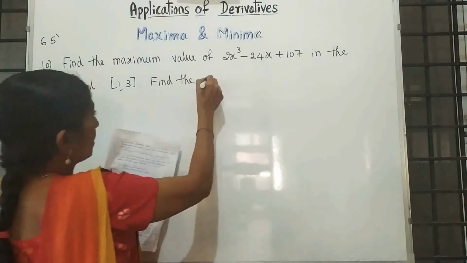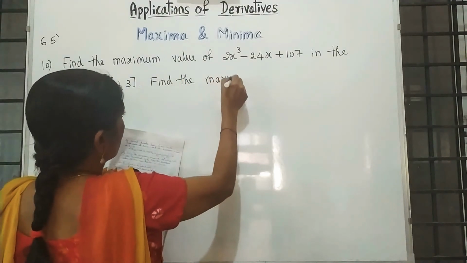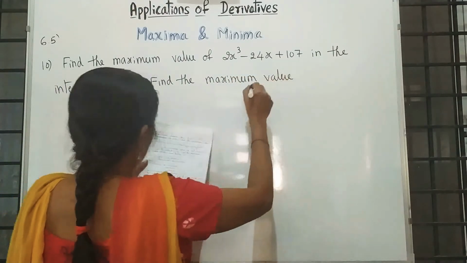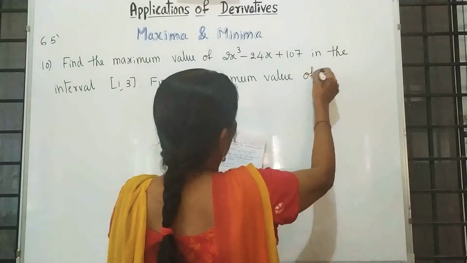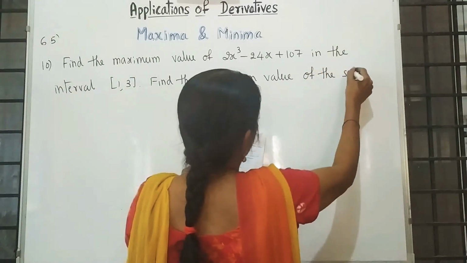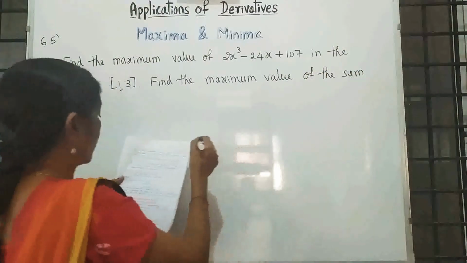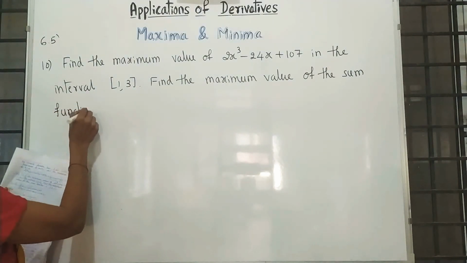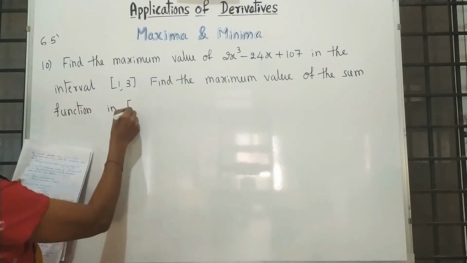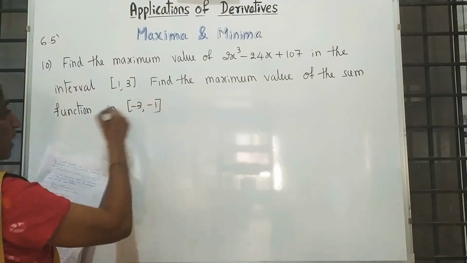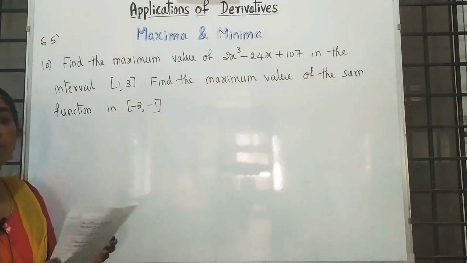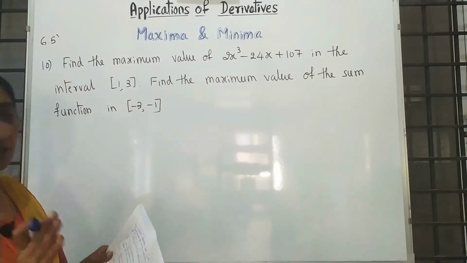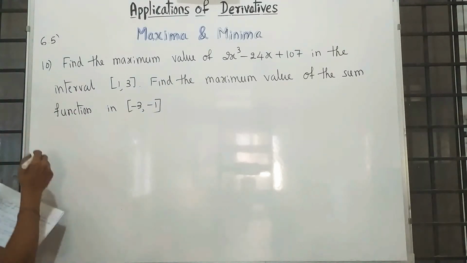Find the maximum value of the same function in -3, -1. For the same problem, we have to check it for the two intervals. One is 1,3 and another one is -3, -1.